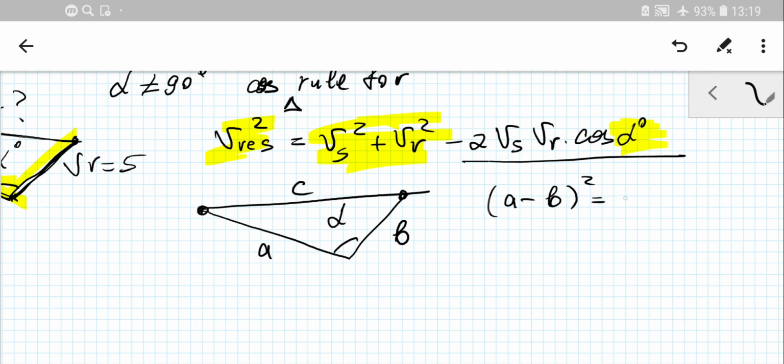It works like A squared plus B squared minus 2AB. Look guys, you have almost the same.